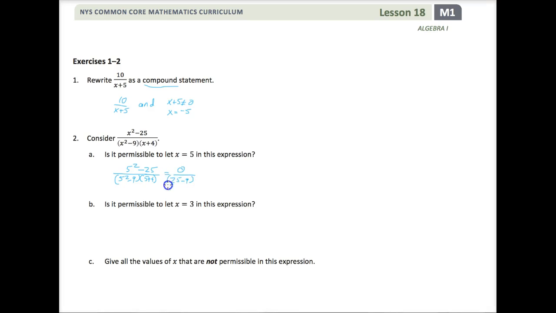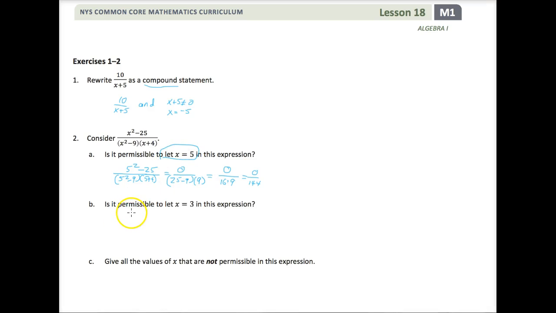That's okay. That's not 0. And we have 5 plus 4. That's 9. That's okay. So what we're going to get is 0 over 16 times 9. One way or the other, 16 times 9 is no big deal. By the way, 16 times 9 is 144. This answer is fine. 5 works. So yes, it is permissible to let x equal 5.